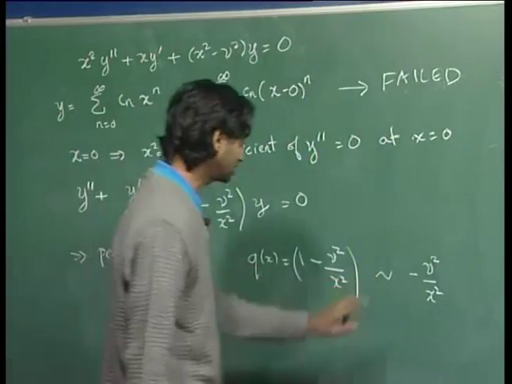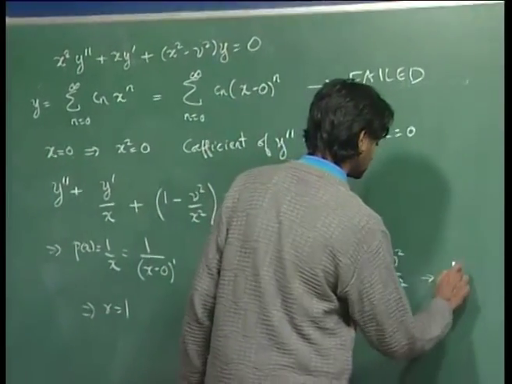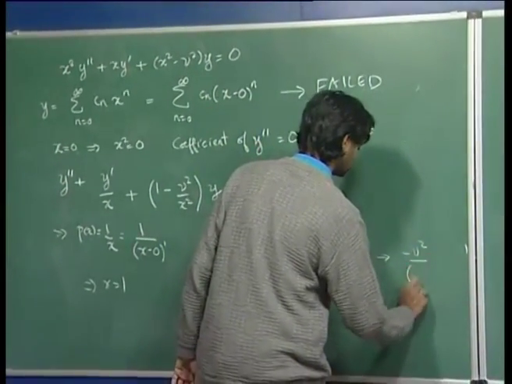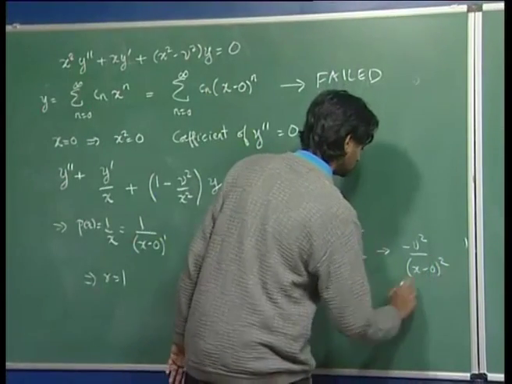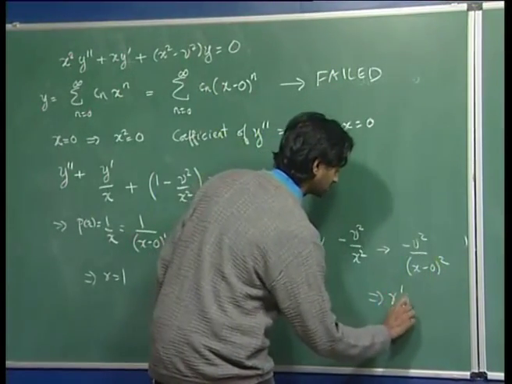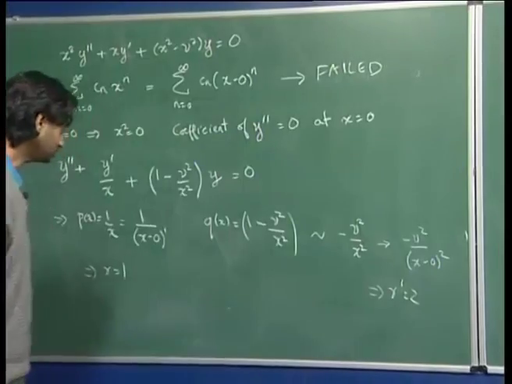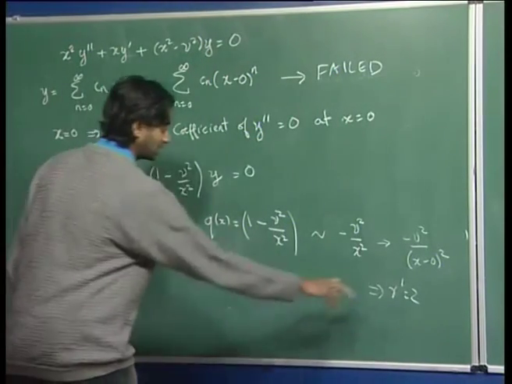So this diverges as 1 over x squared, which implies r prime equal to 2. So, r equal to 1, r prime equal to 2.